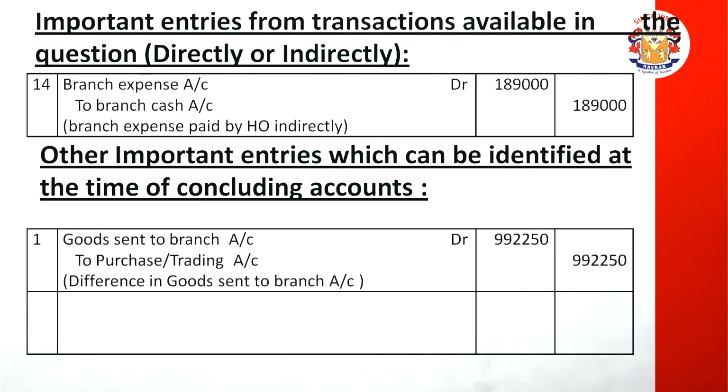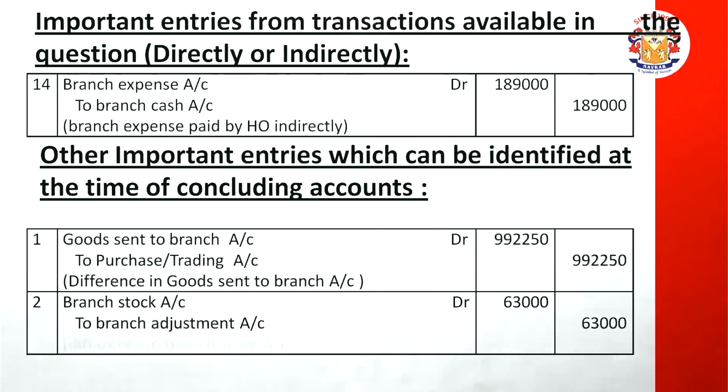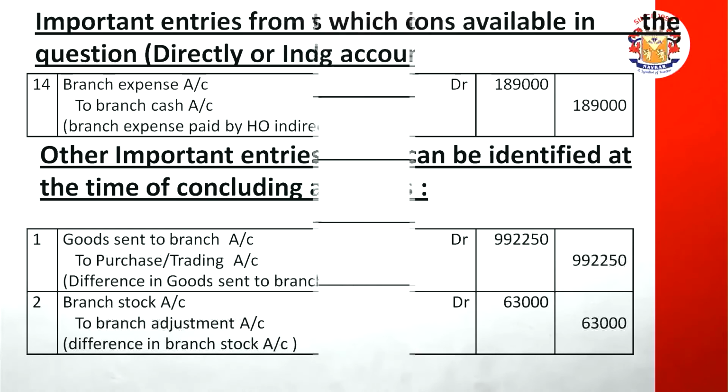So I can say that the journal entry for the same will be like this: goods sent to branch account debit 992250 to purchase or trading account. At the time of concluding branch stock account, you will get 63,000. This is nothing but normal profit earned by branch. Journal entry for the same will be like this: branch stock account debit 63,000 to branch adjustment account 63,000.